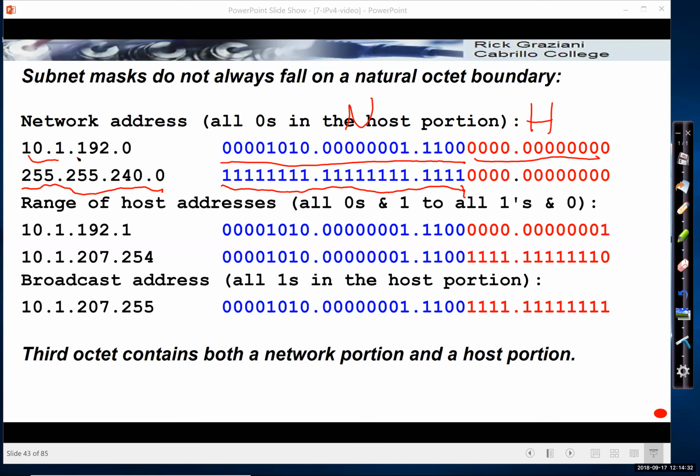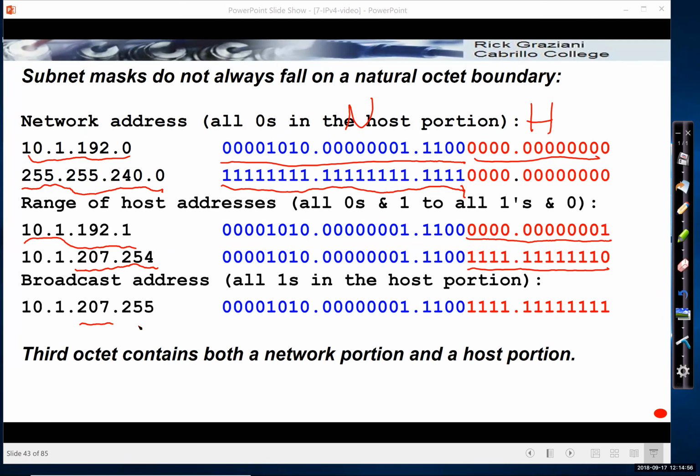Our network address is 10.1.192.0. Our first host, easy enough to figure out, is 10.1.192.1, all zeros and a one. But look at the last host on that network. 207.254 is the last two octets, which is very different from the first host.